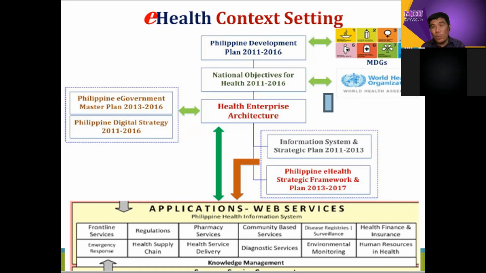Community-based services, so for our health centers, you can access if these services are available because not all health centers have all the DOH-initiated services.